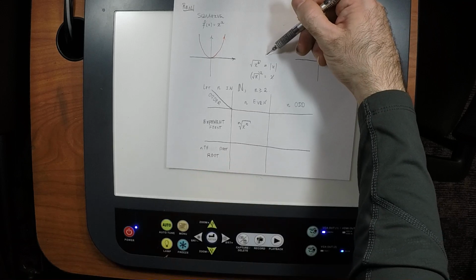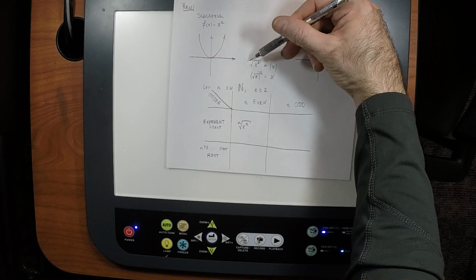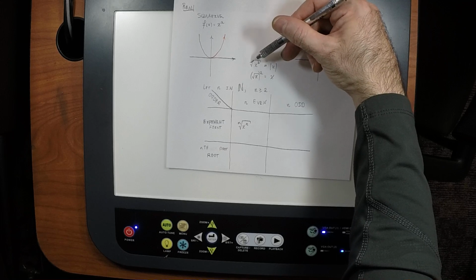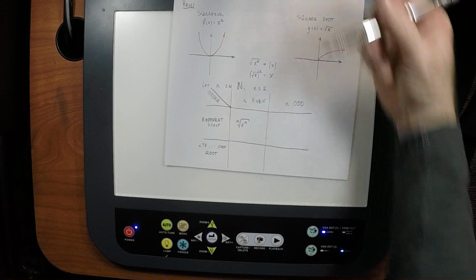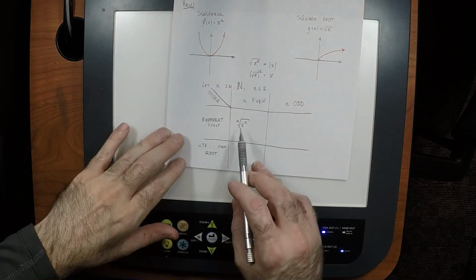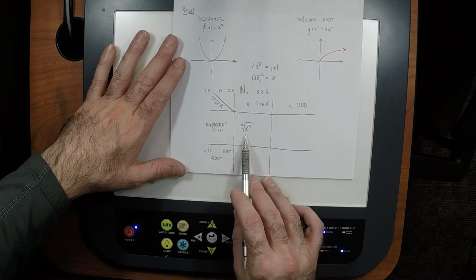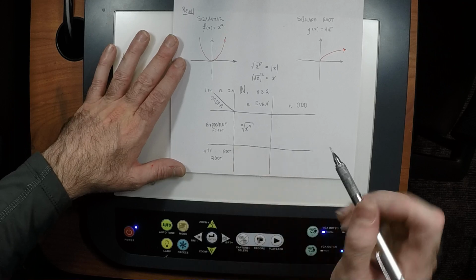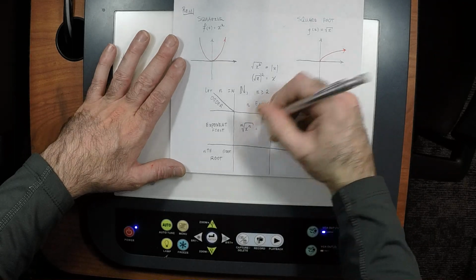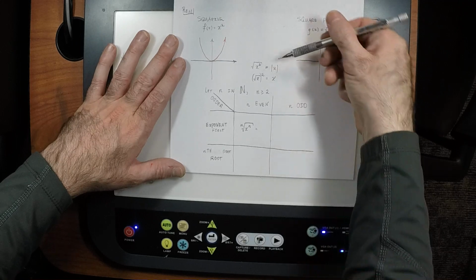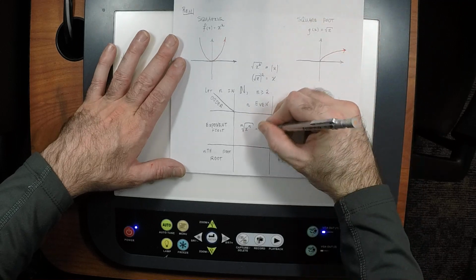Radical 2, right? So when you don't put the name there, it's understood to be 2. So what's the nth root of x to the n? It is, just like that one, absolute value of x.